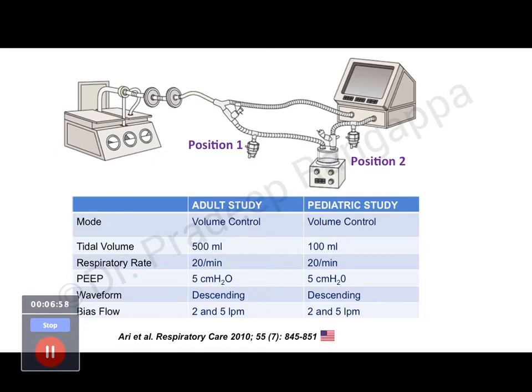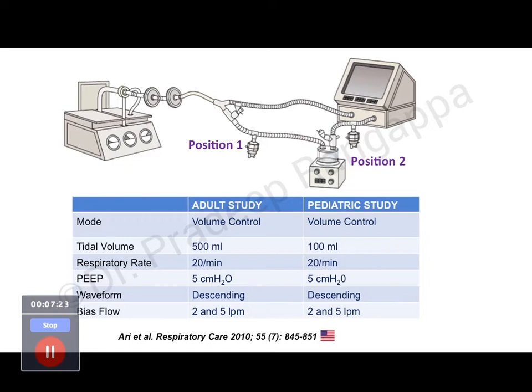I'm sure all the ventilators would have bias flow, which is a continuous flow of gases. And our understanding is, bias flow in most ventilators will be in default settings. So if you have a higher bias flow, then your deposition is less, because you have this constant flow which keeps eliminating these aerosols from the circuit, and obviously your deposition will be more compromised.